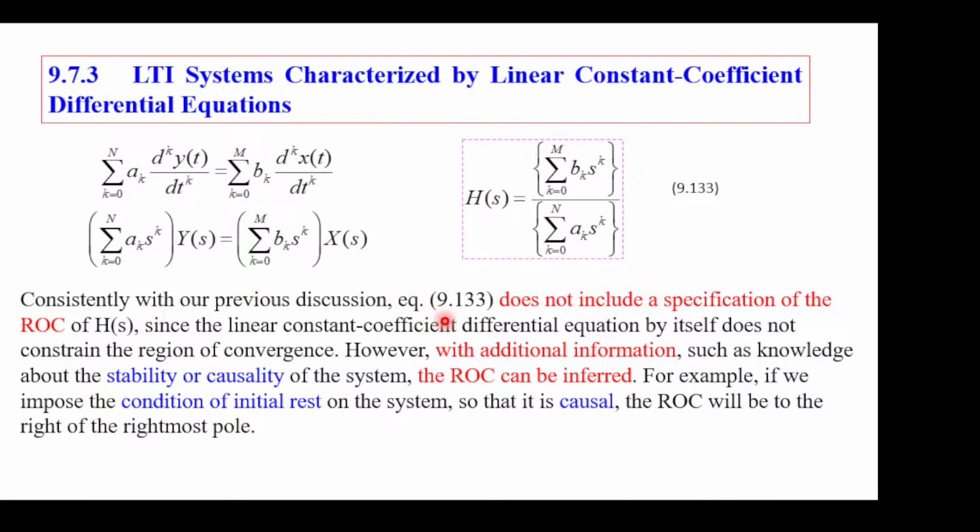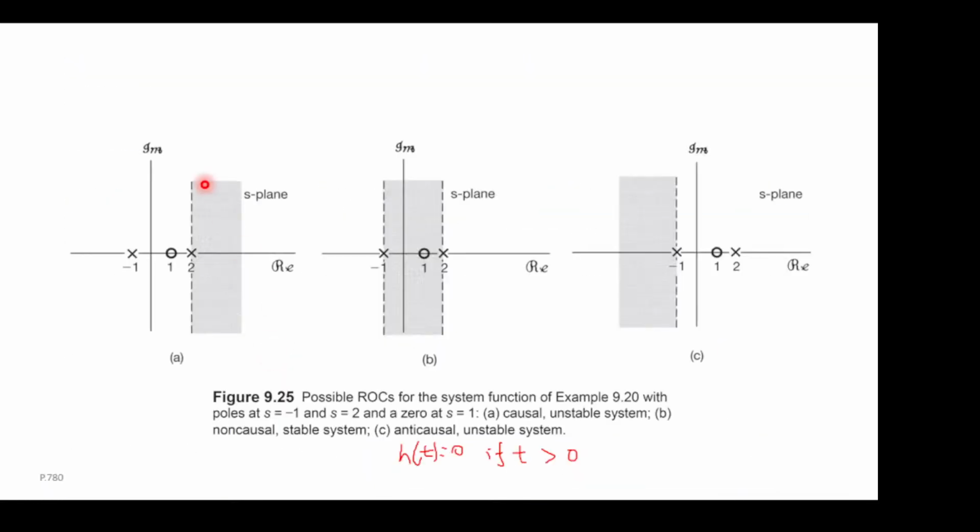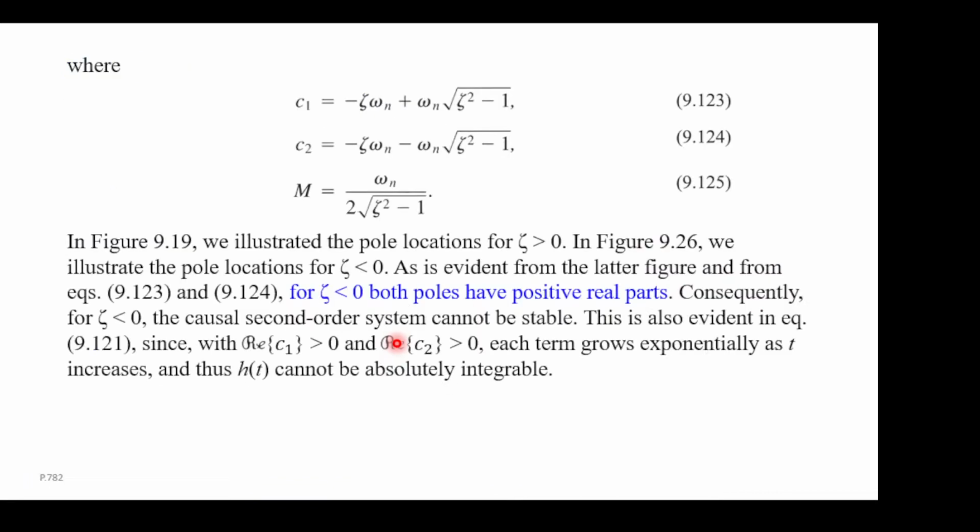As we said, you will get this H of s, and you will have many possible ROCs, and you can pick the ROC if the question tells you something, like whether this H of s is stable or causal. And just like we did here, right? If you have this H of s and it says causal, then you should pick this ROC, and if it's stable, you should pick this ROC, etc.